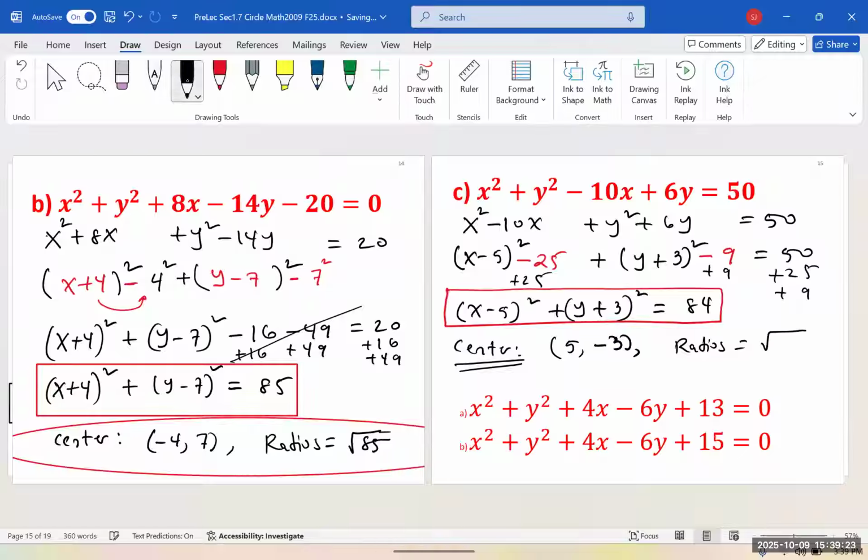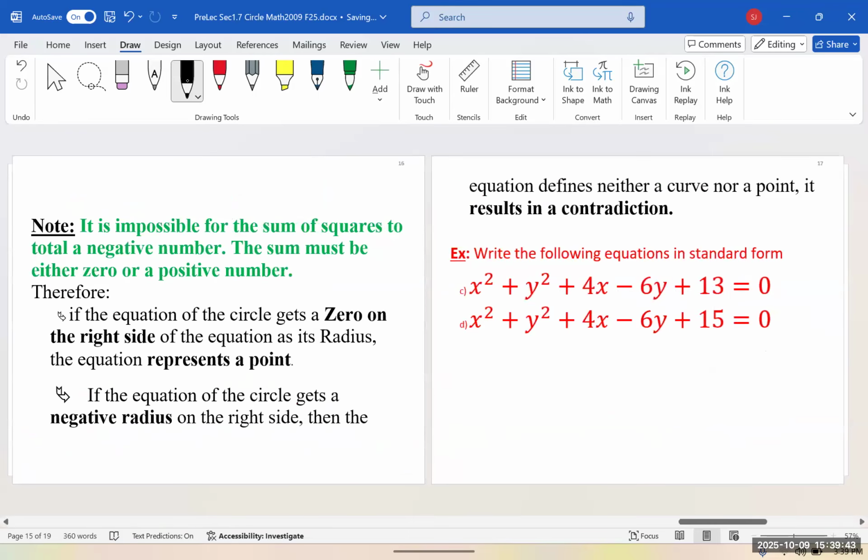Radius is square root of 84. You can actually reduce 84, but for now, I'm not going to bother you with that. Any question? No? Okay, the next one.